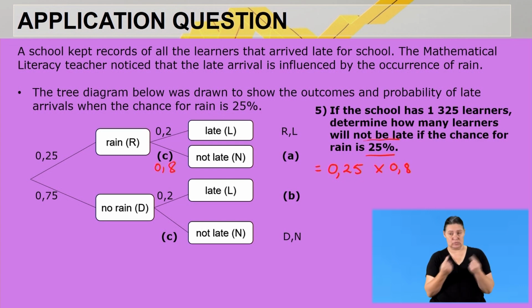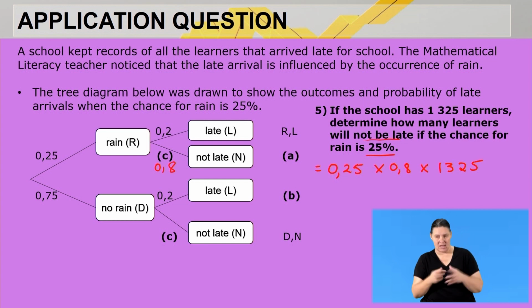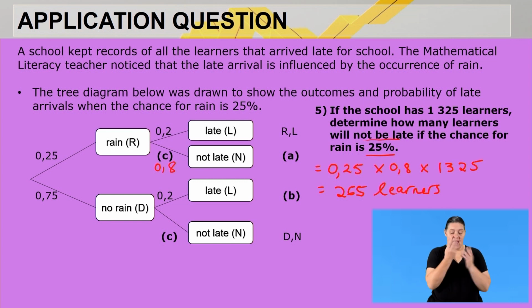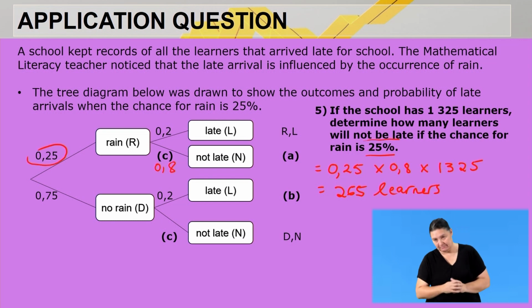Okay, so let's quickly do that. Of means I multiply of the 1,325 learners. So I'll go by saying 0.25 multiply by 0.8 multiply by the amount of learners, which is 1,325, equals, so therefore, in this case, the answer will be 265 learners. Right, so I'll indicate that. So to repeat, we are saying, if the school has 1,325 learners, determine how many learners will not be late if the chance for rain is 25%.